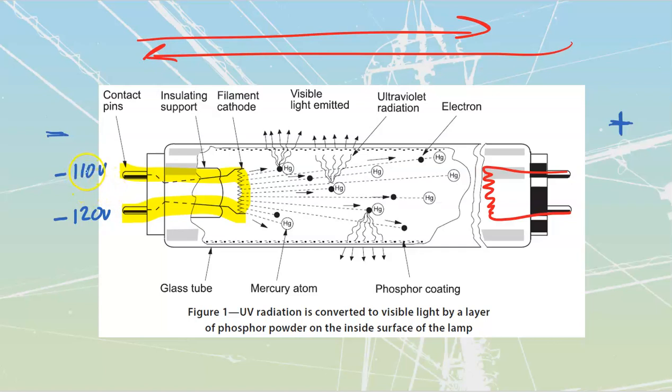Well, I would see 10 volts across the filament, going from 110 negative to 120 negative, which means I'm going to have current flow through that filament in the direction going from my most negative to my least negative. In reference to this section over here, this one is a slight bit more positive. So we would have current that would travel through here, through this section, through here, and back up. We're going to start with this section that we're looking at over here.